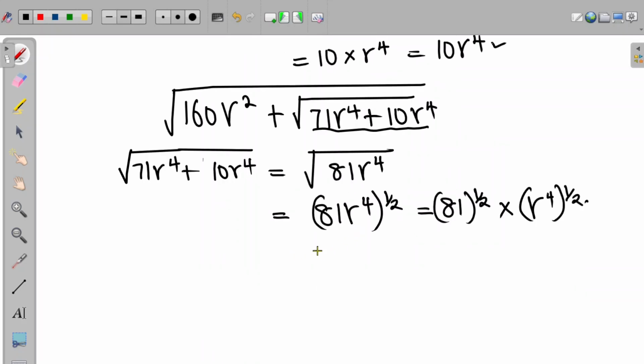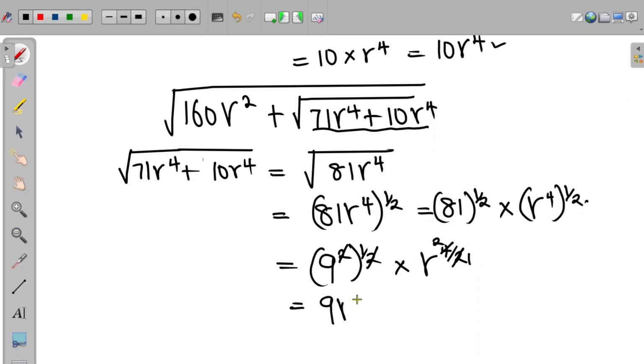So at this point, we have it that this can be 9 raised to the power of 2 all raised to the power of 1 divided by 2 times r raised to the power of 4 divided by 2. So 2 can cancel out 2 at this point, and then 2 divided by itself is 1, 4 divided by 2 is 2. So we have that this is 9r squared.